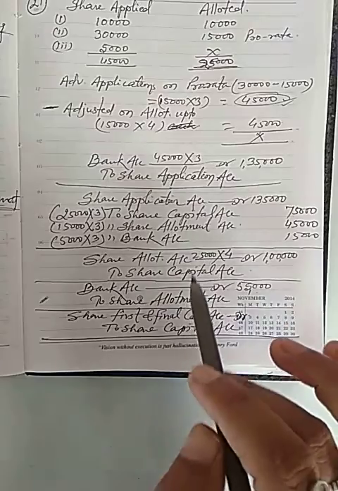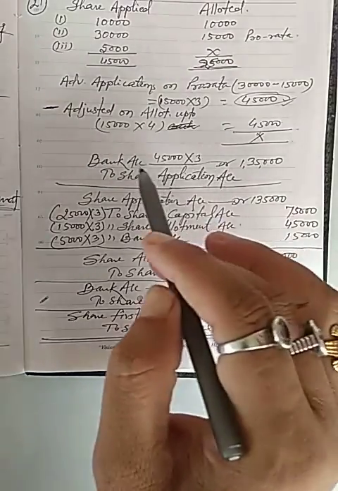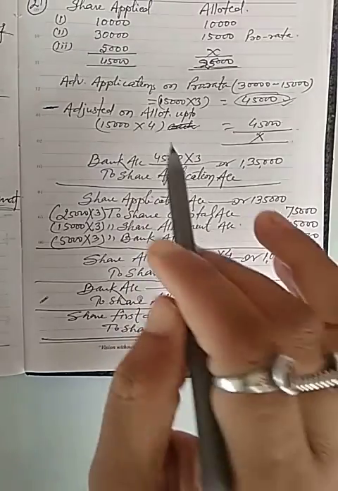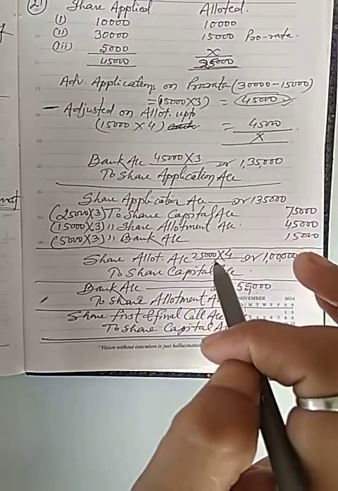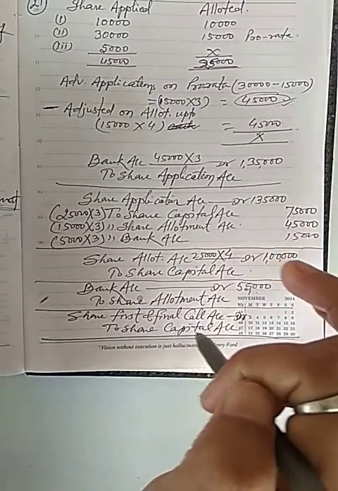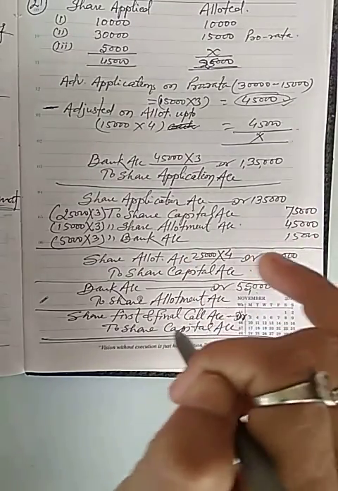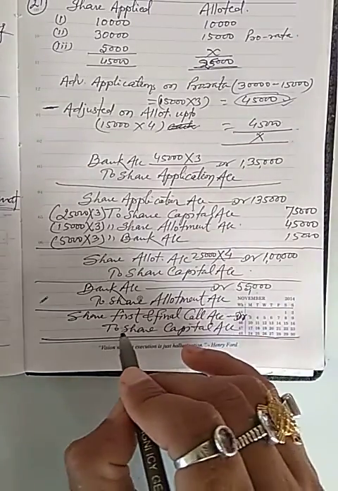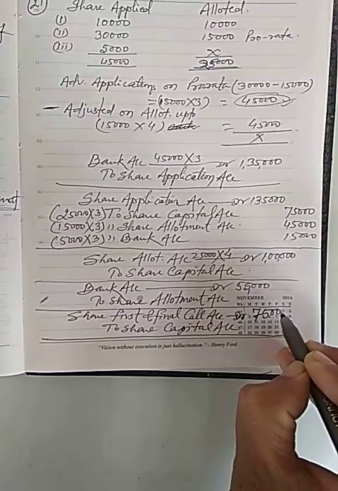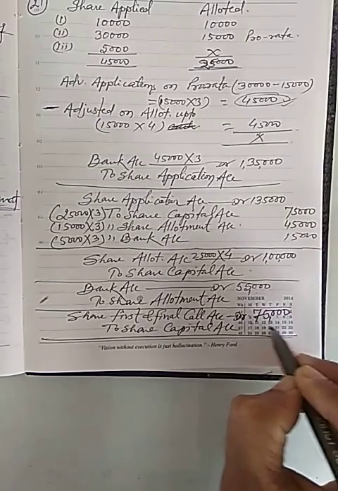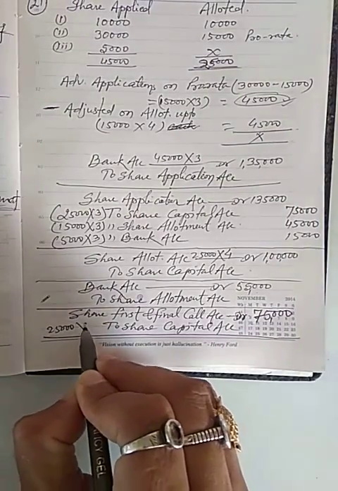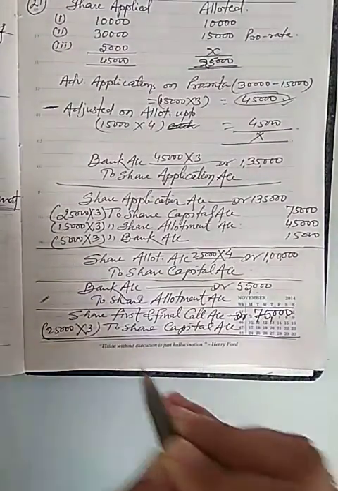So you can see that I have received 3 on application and 4 on allotment. So I have already taken 7 rupees out of 10 rupees. So the remaining balance will be 3 per share, and so I will do 75,000 on 25,000 shares at the rate of 3 each.